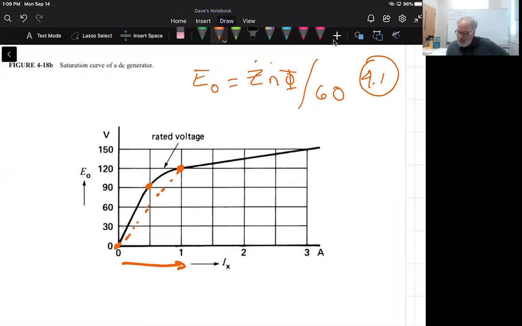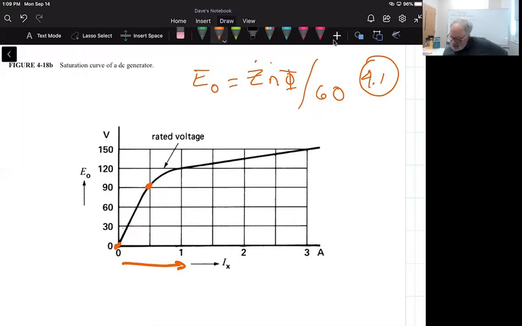That's where we want to design our electrical machine to operate. And why do we want to do that? Well, the reason is that it has a huge determination on the efficiency of the machine, which is a primary consideration in electrical machines.